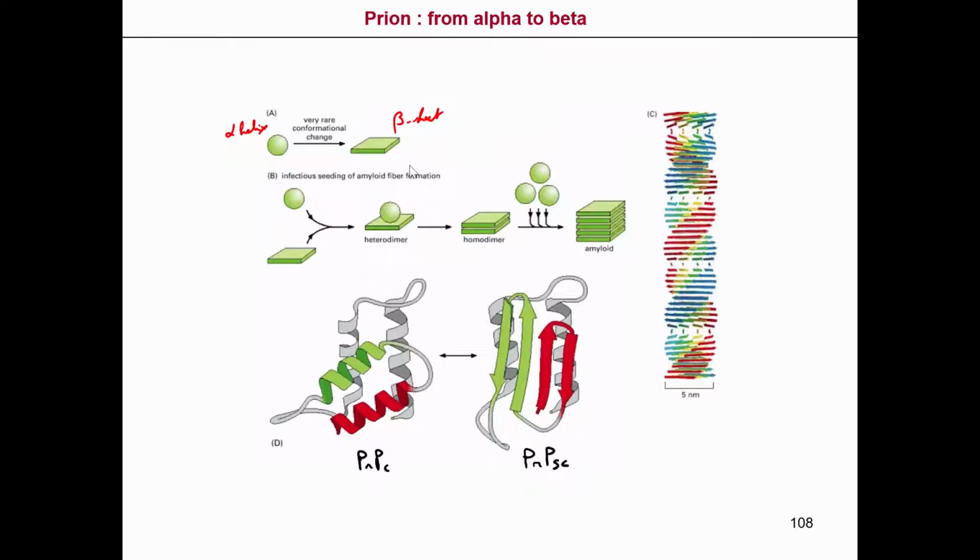And because you have beta sheet, you can have hydrophobic interaction between the beta sheet of several pathogenic prion. So it causes dimerization and then aggregation. So you will have the amyloid, which is responsible for the neurodegenerative disease. Okay?